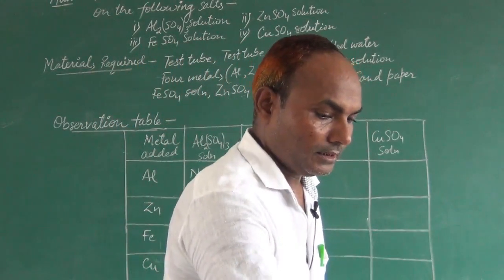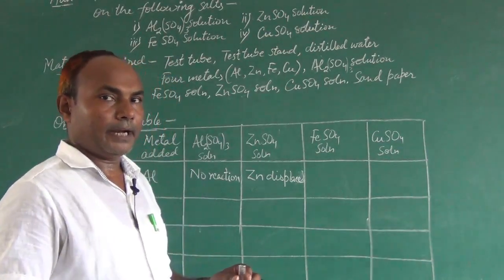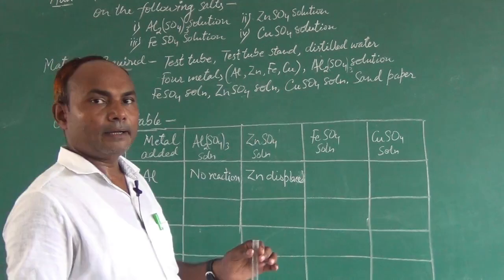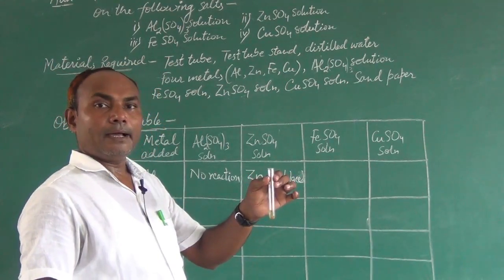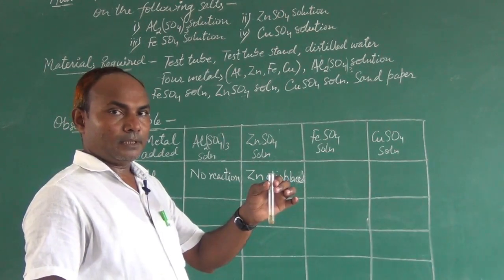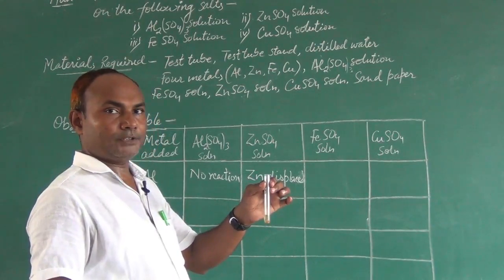Students, in the third test tube we have taken iron sulfate solution, and in iron sulfate solution we have added aluminium. Now we have to observe the action of aluminium with iron sulfate solution.